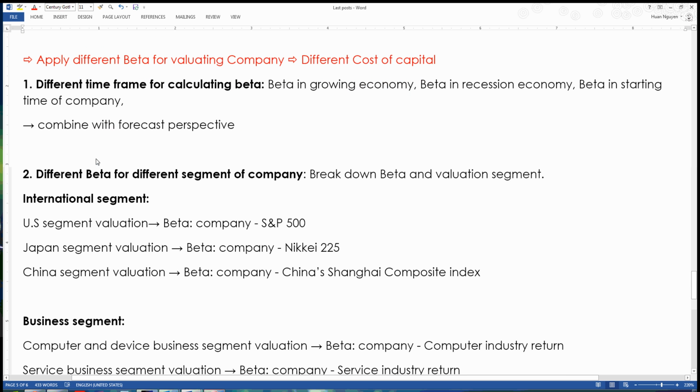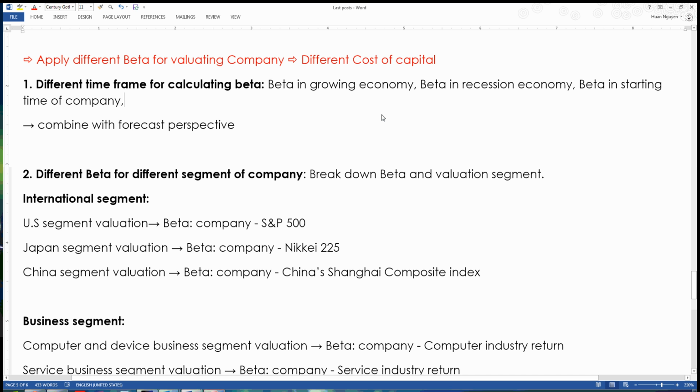So the second solution I recommend for dealing with beta is that we should diversify the beta. In that case, we should diversify different costs of capital for valuating a company. So first, for different time frames, we should have a different beta.